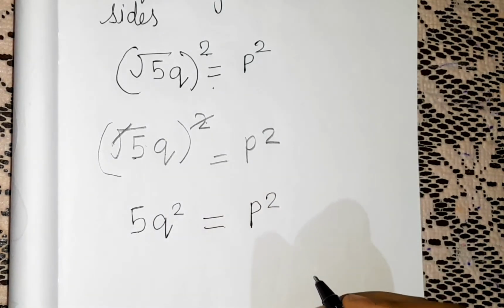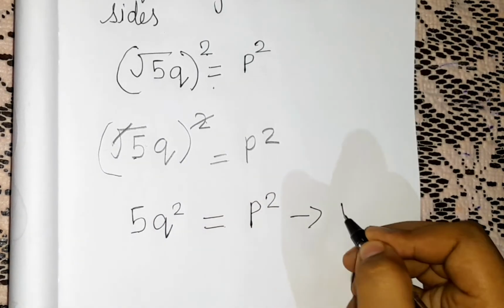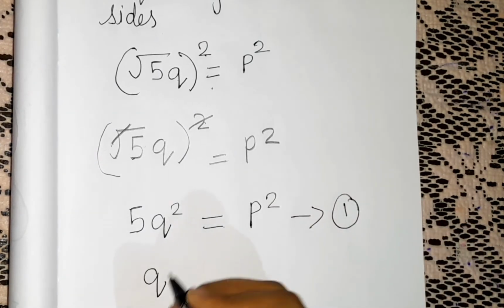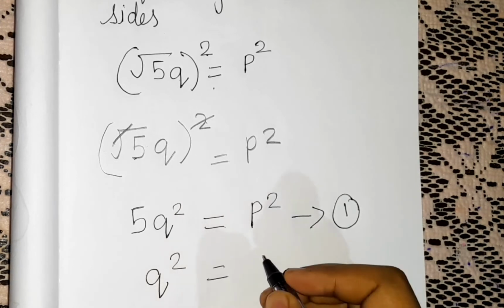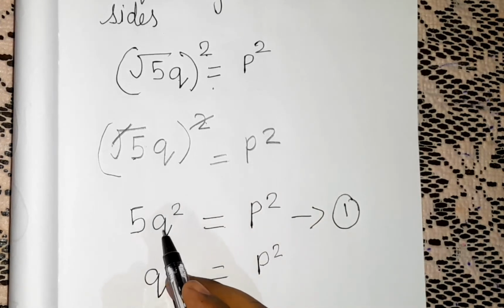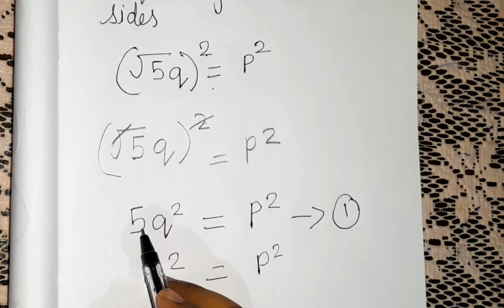Okay, now this is equation 1. Now let's write Q square is equal to P square, and here P into Q square. This 5 is in the multiplication form.